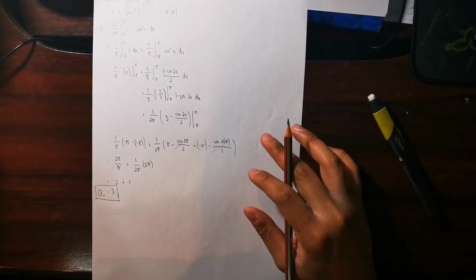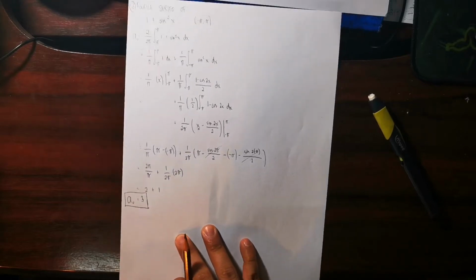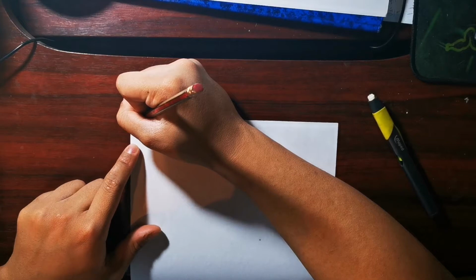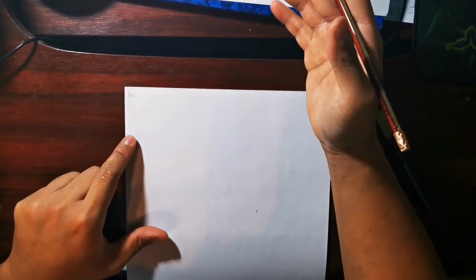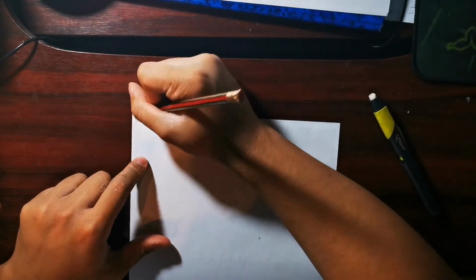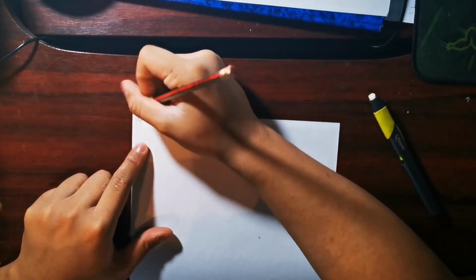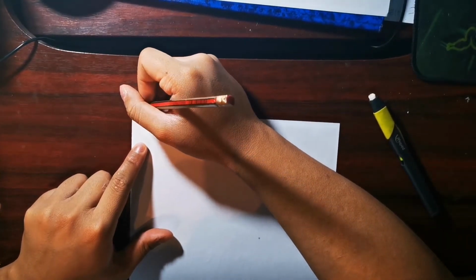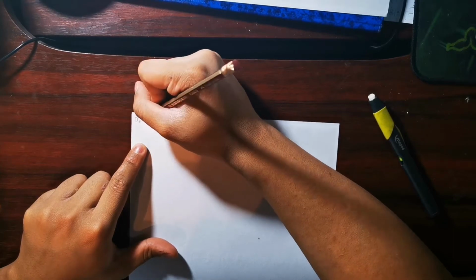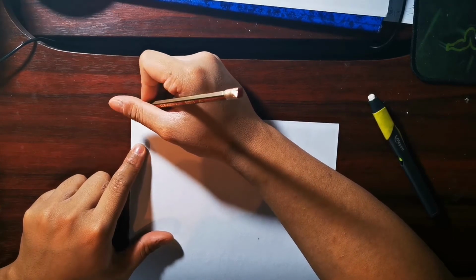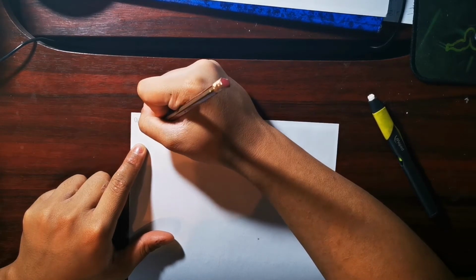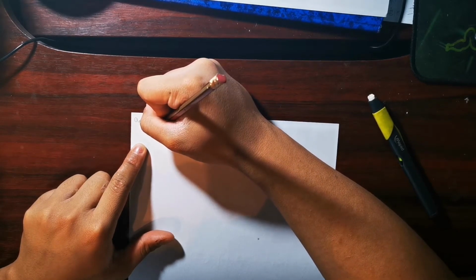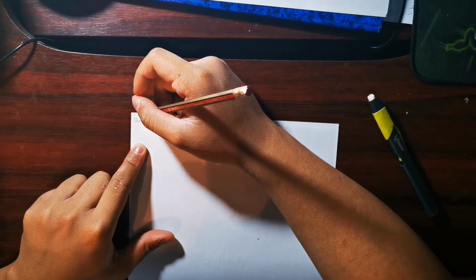Now we'll solve for a sub n. Our a sub n deals with the even function of f of x. Since we have an even function, this is our given: 2 over the period.